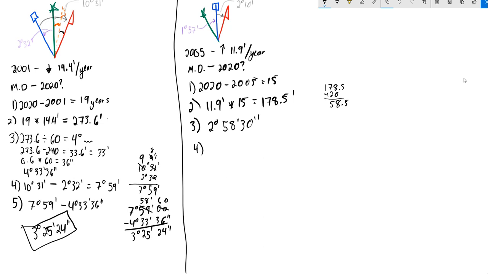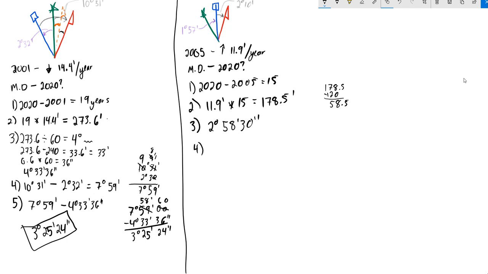Step 4 is figuring out the original magnetic declination. So this example is different. This is why these placements of these angles is very, very important, and you have to draw it out. Please draw it out. If I give it all to you in words, you need to draw it out to try to figure out where they're located, because otherwise it becomes really confusing. I can't even do it without trying to draw it out myself. So for the original magnetic declination, I have to add the two.